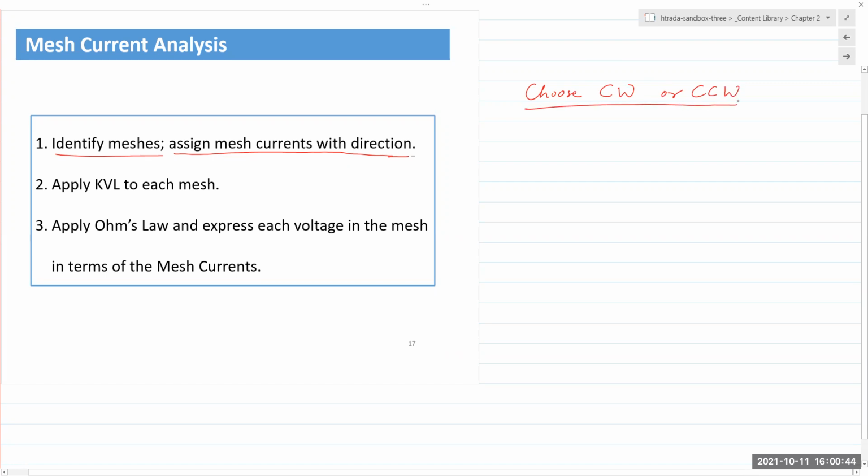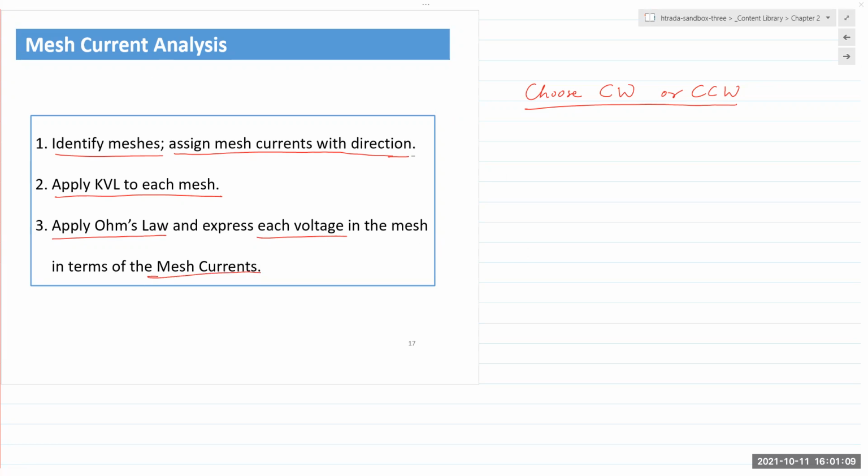Choose either. Once you have that, you apply KVL to each mesh, right? Once you apply KVL to each mesh, you will have a set of voltages. Once you have a set of voltages, you apply Ohm's law to those voltages, and you express each voltage in terms of the mesh currents.